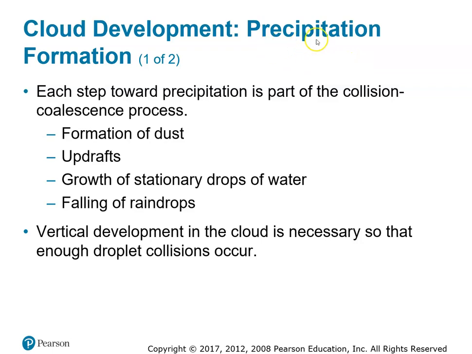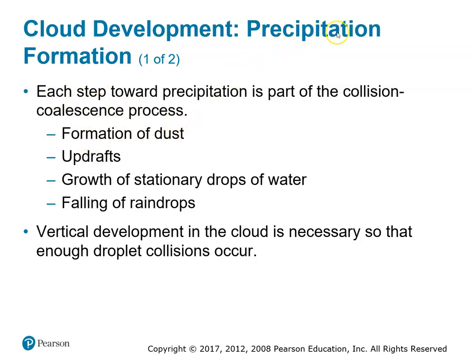Now we're actually talking about rain or snow or ice. You know, actual precipitation. Each step towards precipitation is part of the collision and coalescence process.